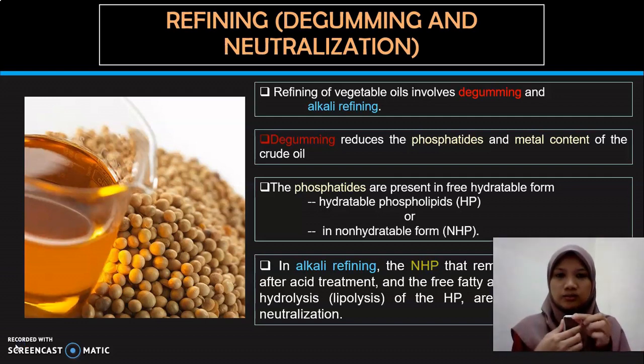Phosphatide can be divided into two, which is hydratable phosphatide and non-hydratable phosphatide. In alkali refining, they want to remove the NHP and HP by neutralization. So that is the function of alkaline refining.